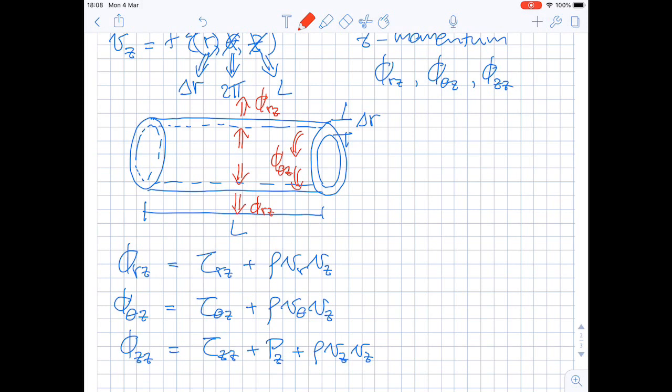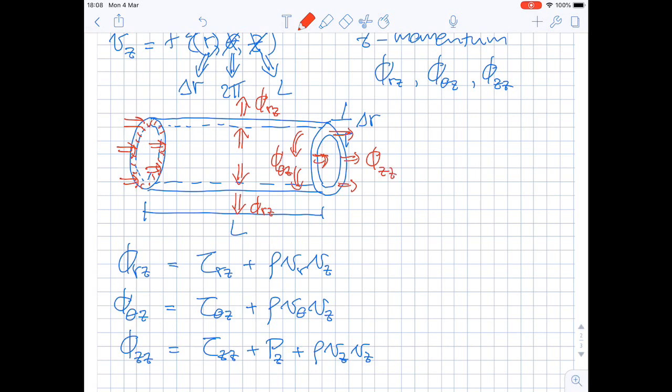Phi zz should go in the z direction. The z momentum should be transferred in the z direction, going into this annular area here, going in and going out. This should be phi zz.